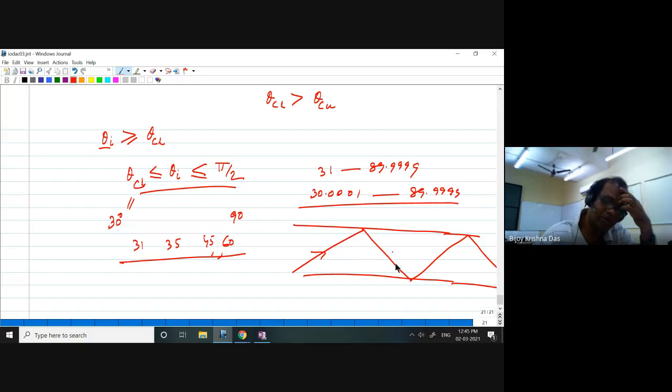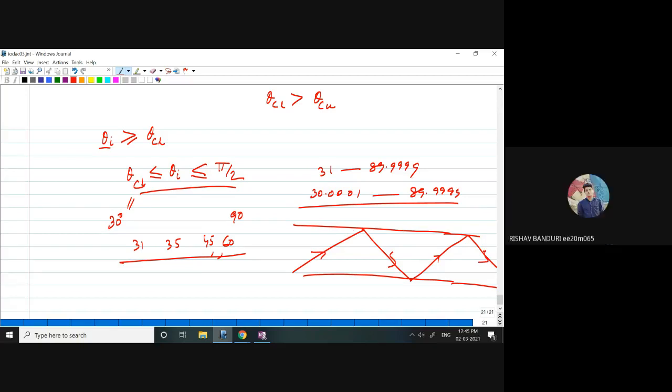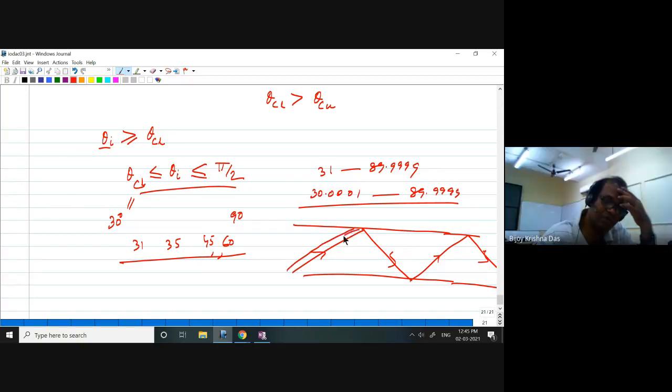Light goes this side, hits, comes back, goes this side, comes back. If it is a beam, it will go like this and then come back like this. Have you thought like that?